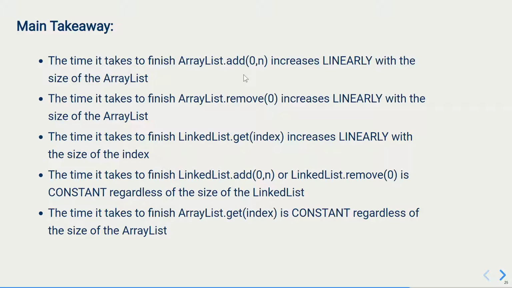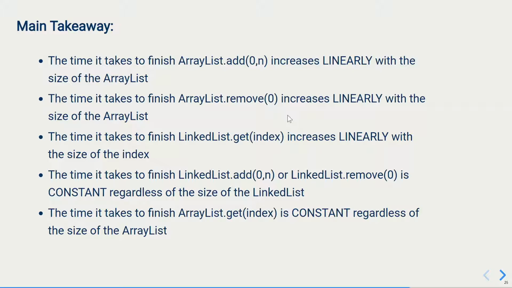Similarly, if we call get on a linked list, then the amount of time it takes also increases linearly, but this time not with the size of linked list, but with the size of index, the input. So there's a difference, and I hope you caught that I didn't actually change the size of the linked list on the last experiment.